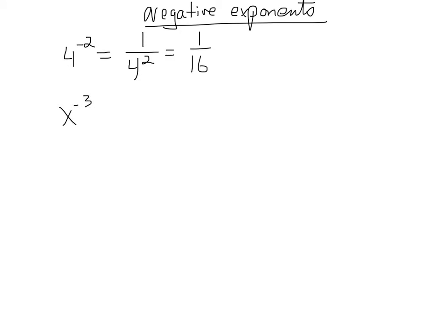X to the negative 3 would equal 1 over x cubed. You keep the number, or the power that you had here, the 3 in this case, and it remains, but the negative sign here and here create a fraction from the expression.